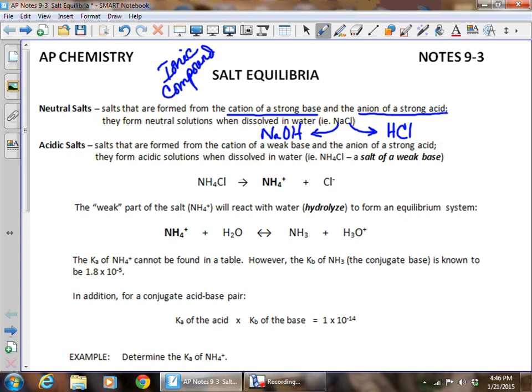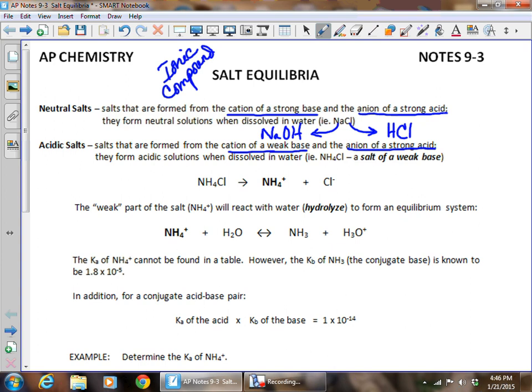But we also have what are called acidic salts. Acidic salts are formed from the cation of a weak base and the anion of a strong acid. So an example of that would be NH4Cl. We often call that a salt of a weak base because we're always going to focus on what part of it is from a weak parent acid or parent base, if you will.